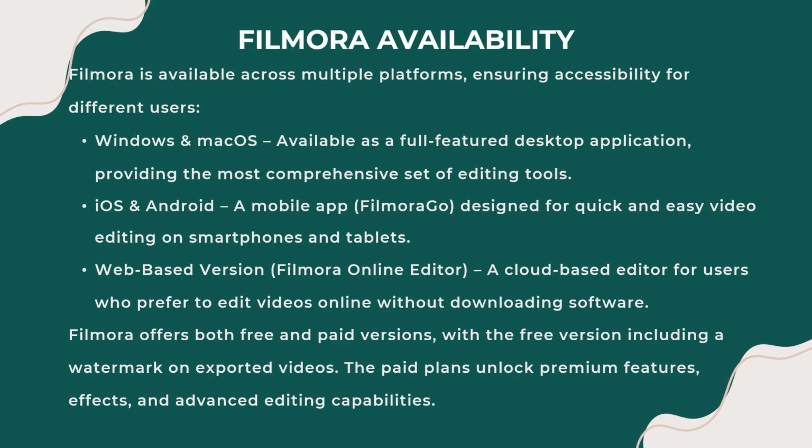Then it's also available on iOS and Android as a mobile app, Filmora Go, designed for quick and easy video editing on smartphones and tablets. For this particular module, we will stick with its desktop application, and we will keep our entire module throughout using its desktop application.